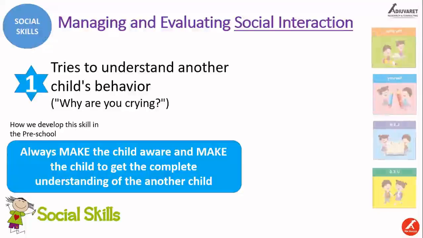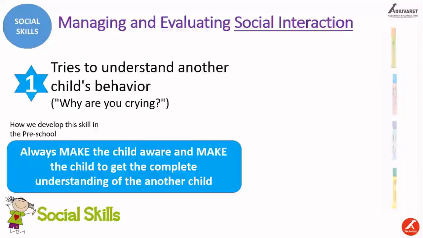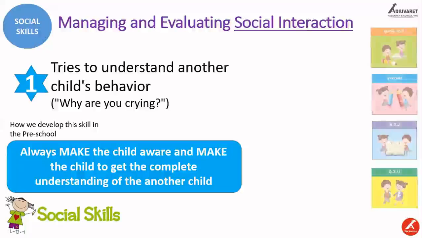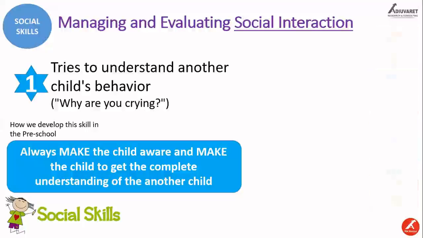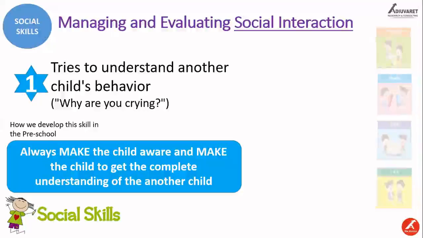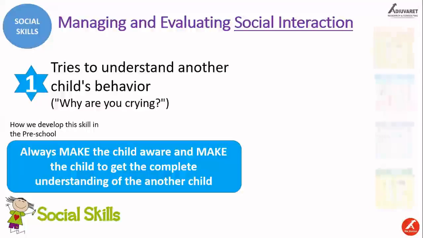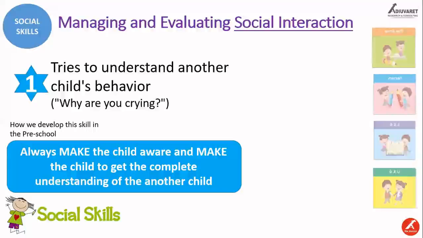If we do this a couple of times, the same thing can happen in other behavioral aspects of other children also. If some children are fighting for some toy or some game, then also the teacher can ask another child to go and ask why you are fighting. The moment we put the children up to asking this question, automatically the child's understanding or awareness of that is going to improve.